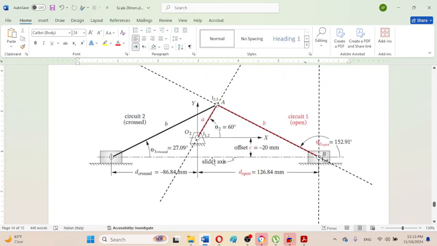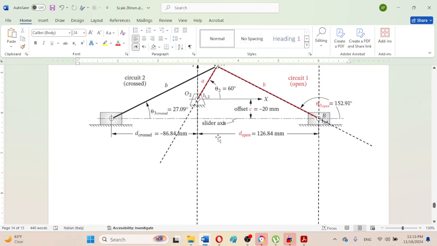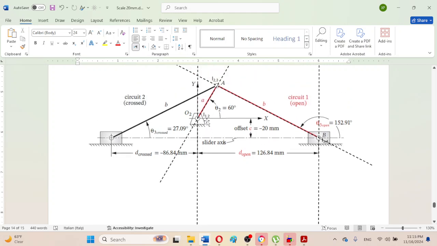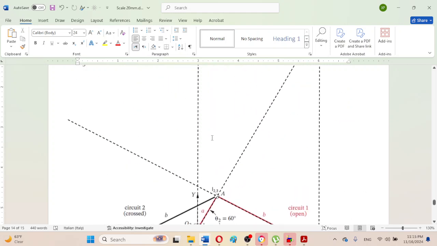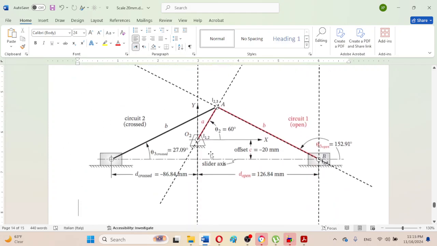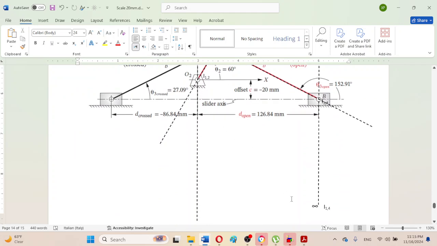So that means we will be drawing a parallel line. For example, I can just copy it and move it, or I can freshly draw it here like this. As we can observe, at infinity this instant center I1 comma 4 and this instant center I1 comma 2 of this upper triangle will be located on the same line.